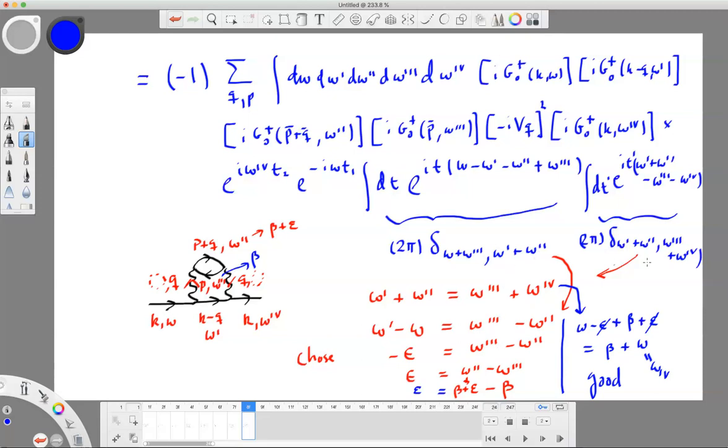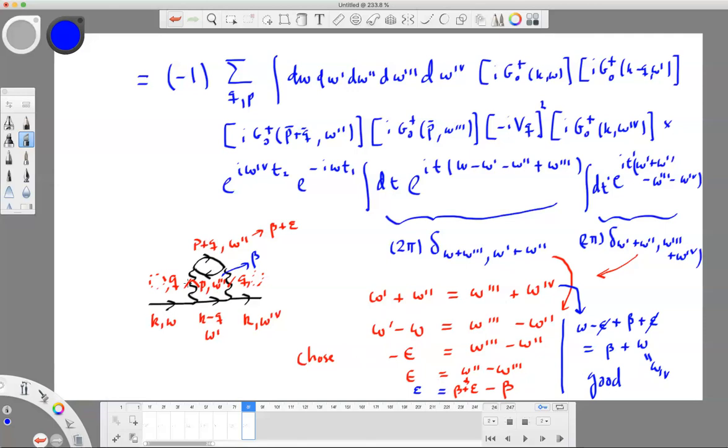Is this clear what I did? I started with this restriction. I relabeled my omega as epsilons here, and we satisfy it with this choice of epsilon and beta, which are the internal variables to integrate over. We're going to have now just these two variables, epsilon and beta, and both of these restrictions are satisfied with this choice.